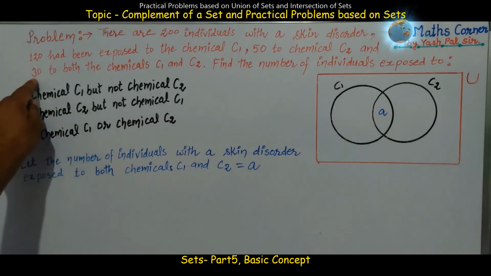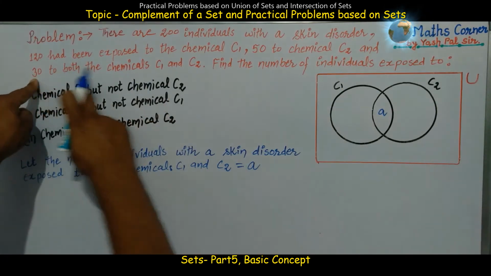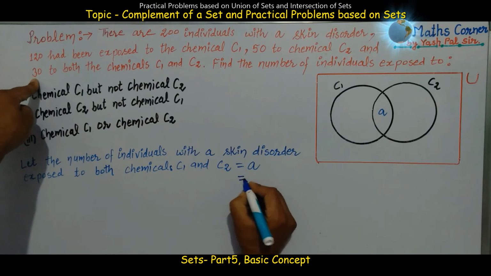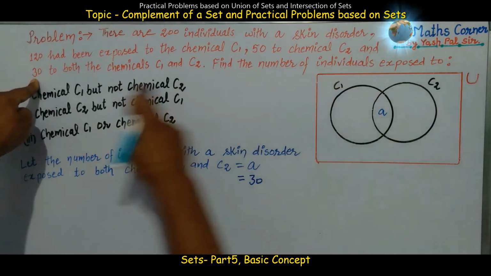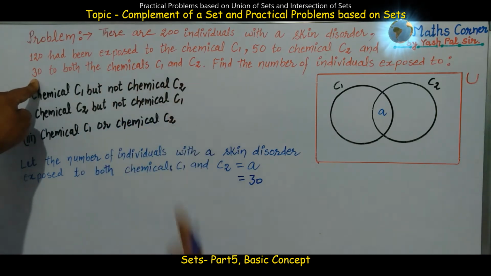The value of A is given in the statement. The value of A is 30, because 30 were exposed to both the chemicals C1 and C2.